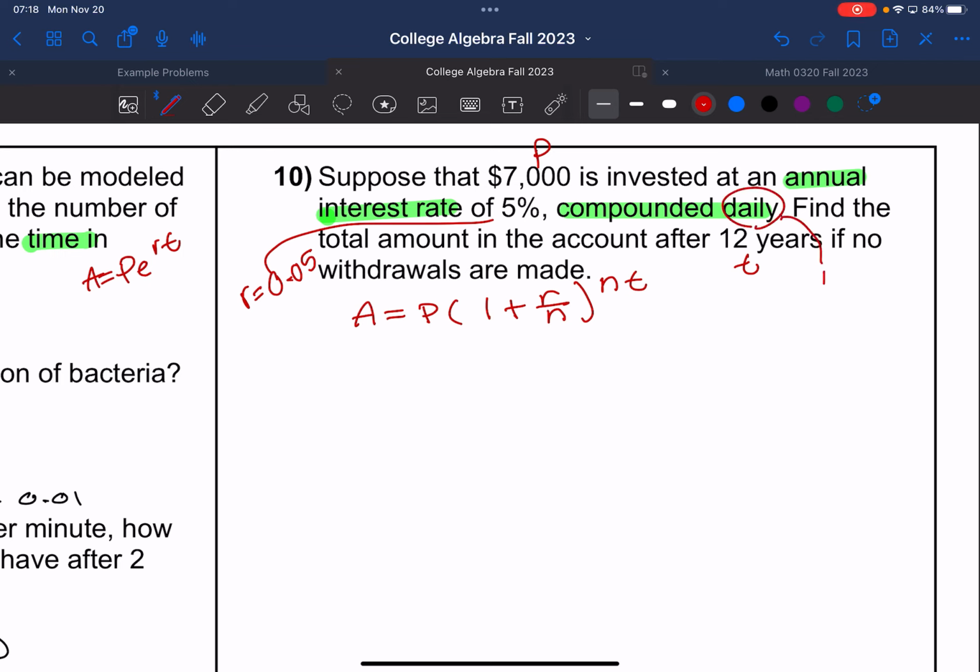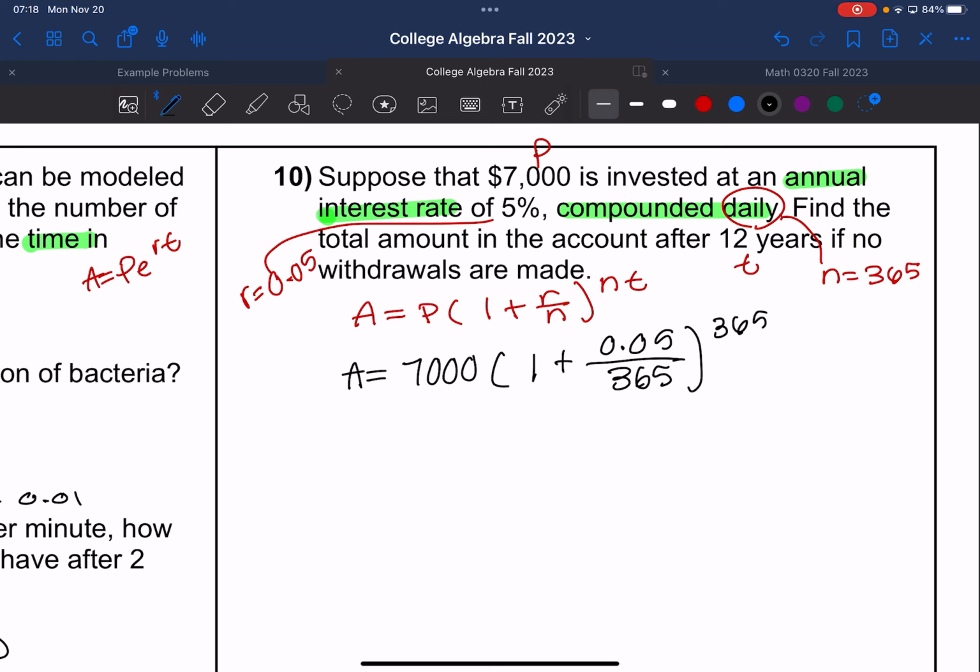Good, 365. So N is equal to 365. Once we've labeled all our information in the problem, we're plugging everything in. So A is equal to 7,000 times 1 plus 0.05 over 365 to the power of 365 times 12.